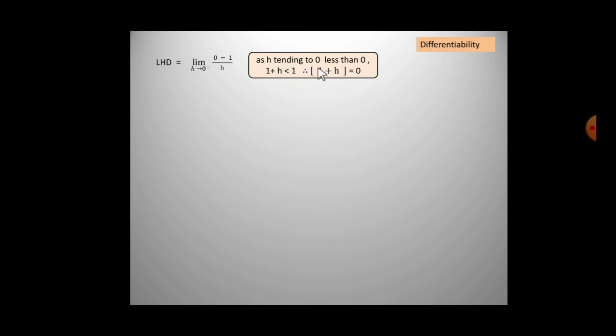As h tends to 0 from less than 0, the number 1 + h becomes less than 1, because h is negative. If you subtract a small number from 1, then it becomes less than 1.